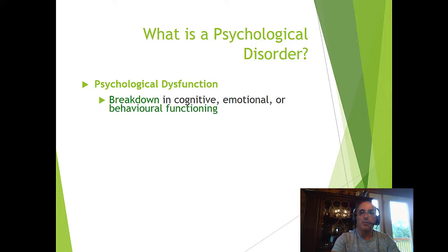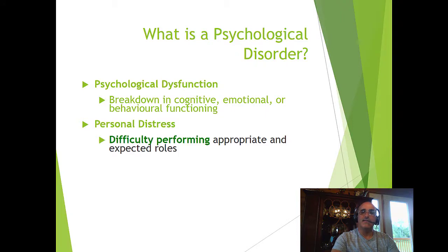And when we talk about breakdown, we're talking about a breakdown in cognitive, which means somebody's thinking, emotional, or how they're feeling, or a breakdown in behavioral, what they're experiencing and how they are being in the world around them. It's a personal distress. In somebody who's having a psychological disorder, it's difficult performing appropriate and expected roles.